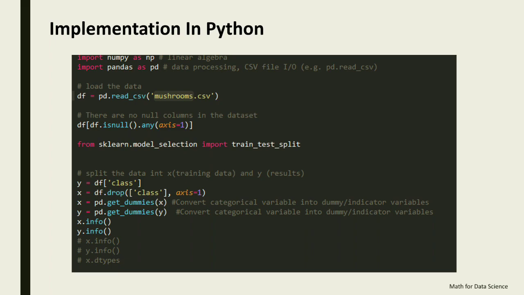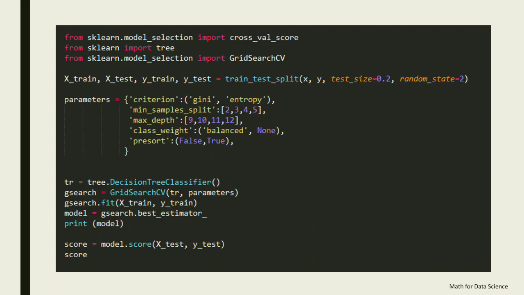Now we use the getDummies function. We convert the categorical variables into indicator variables. We do it for both x and y, and then we look at x.info and y.info. There are certain evaluation terms which I have already discussed in an older video, on how to evaluate things in Python using various libraries. One of the evaluations is the cross-val score, the cross-validation score.